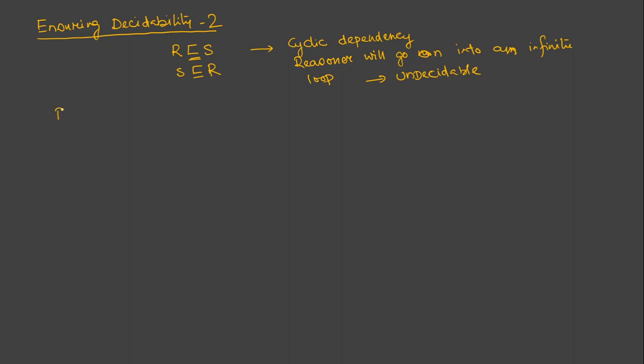So this is the restriction 2 that we are imposing. What is the restriction? That the RIAs have to form an acyclic R box.